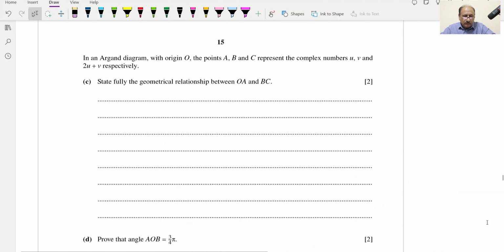Now C part says in an Argand diagram with origin O, the points A, B, C represent the complex numbers.